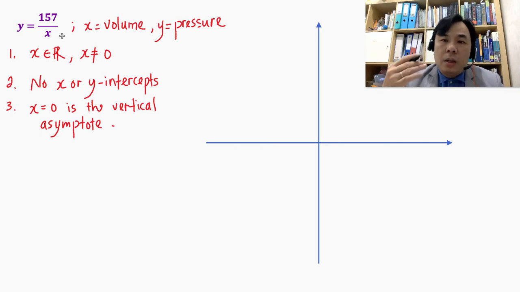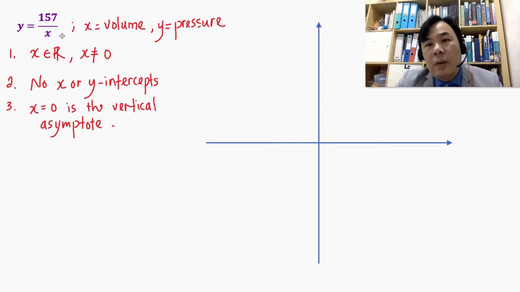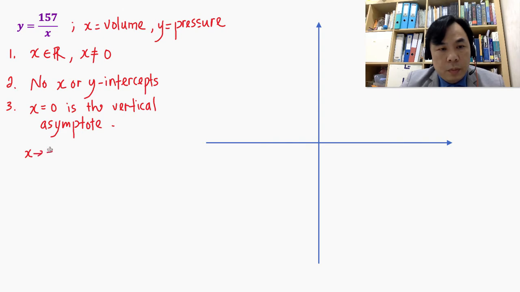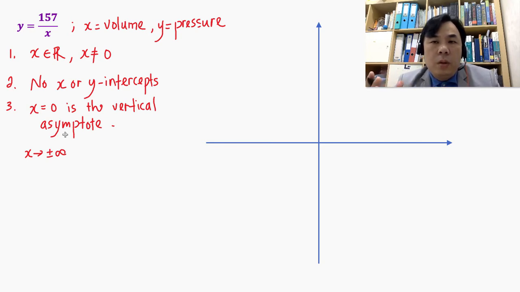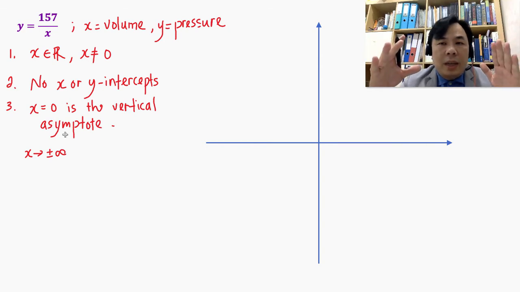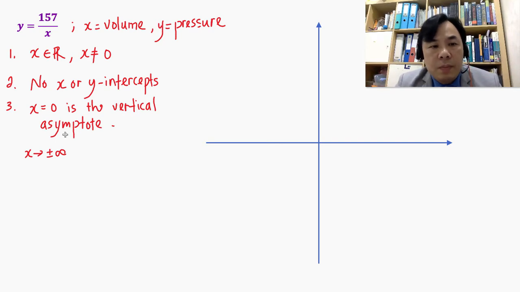Secondly, how do we determine if we have any horizontal asymptotes? The simple rule to follow is to consider the x value as it approaches positive or negative infinity, which means we are studying the end behavior of the function itself.